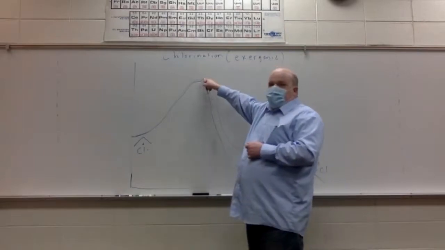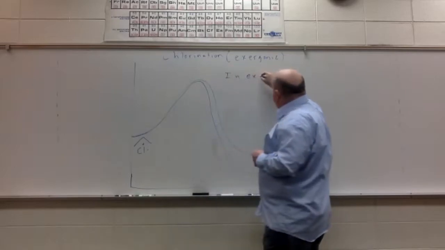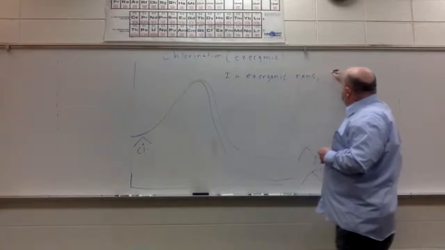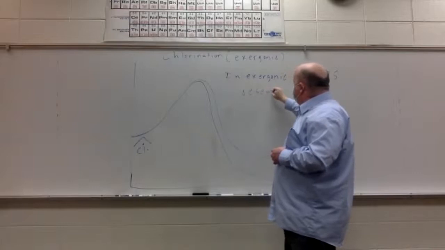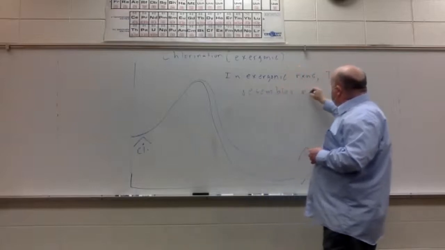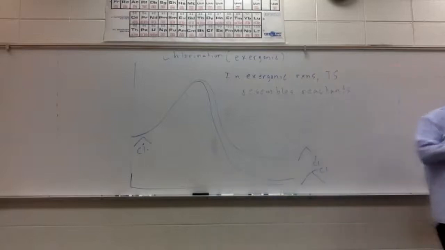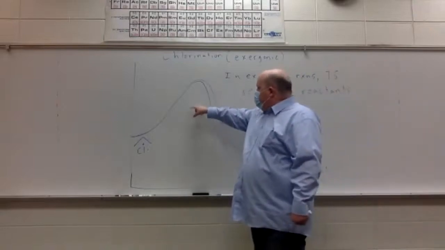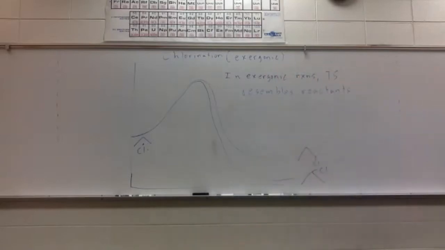These are almost identical. That's because in exergonic reactions, the transition state more closely resembles the reactants, not the products. So that means here, the hump to get over the activation energy for either one of these products is about the same.